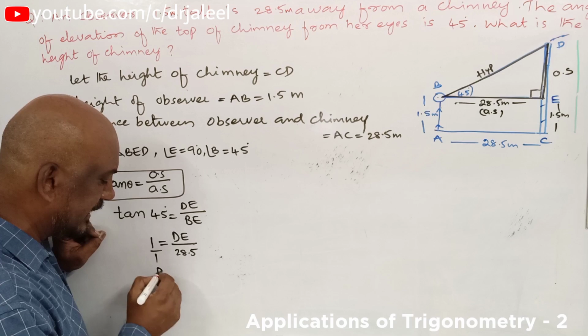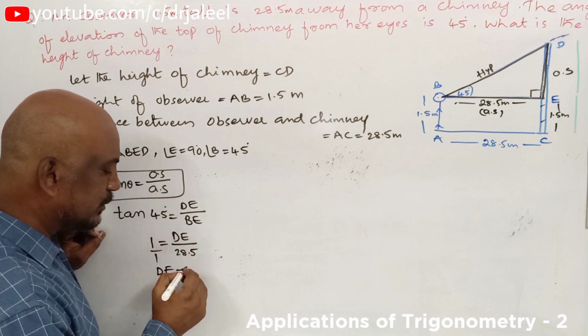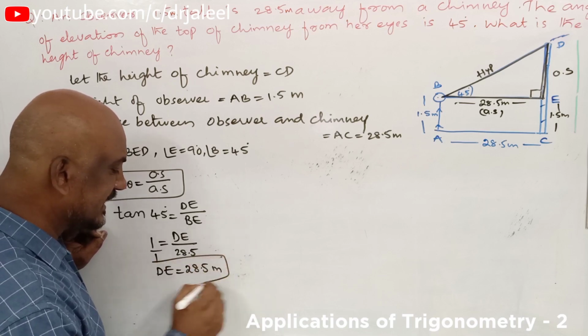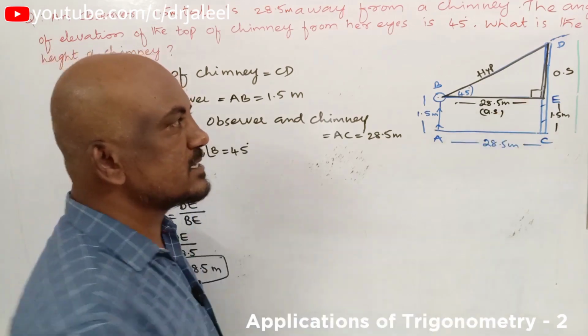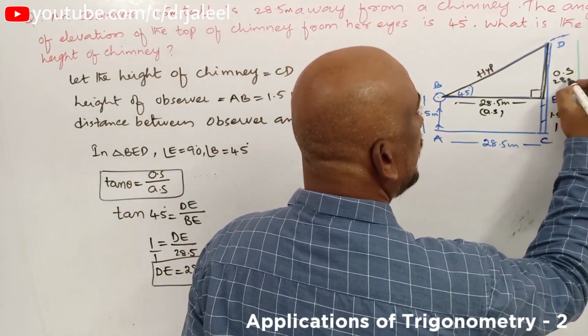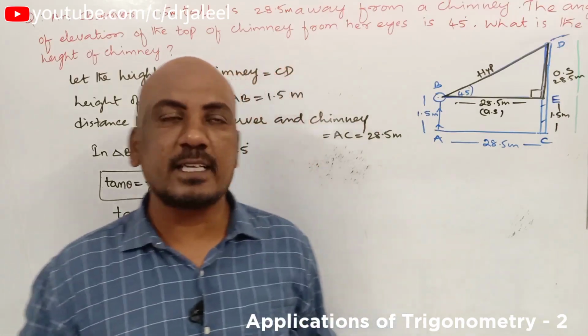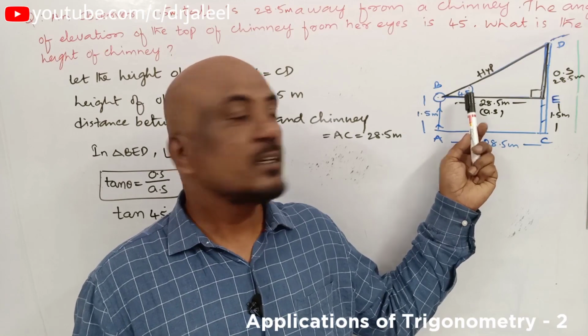DE into 1, DE is equal to 28.5 into 1, 28.5. So what is this DE? DE is 28.5 meters.